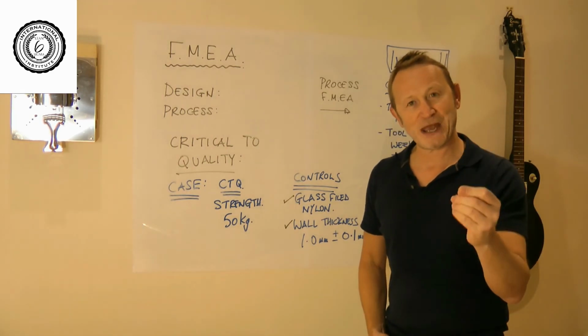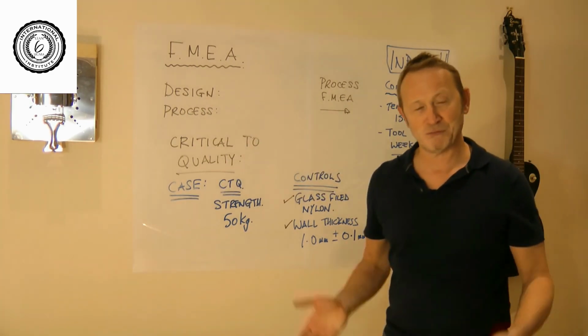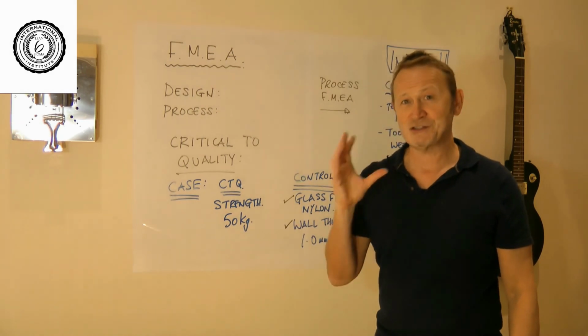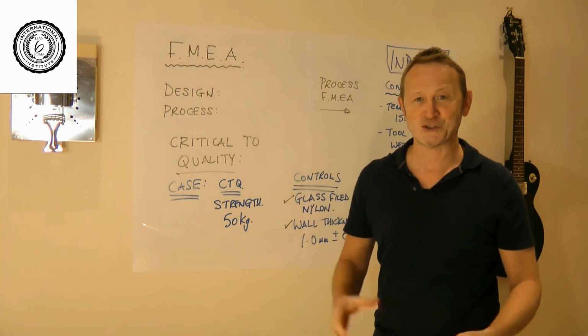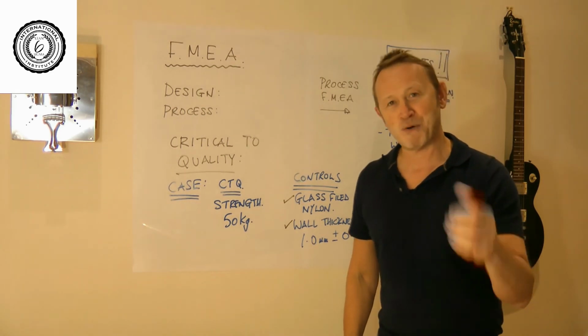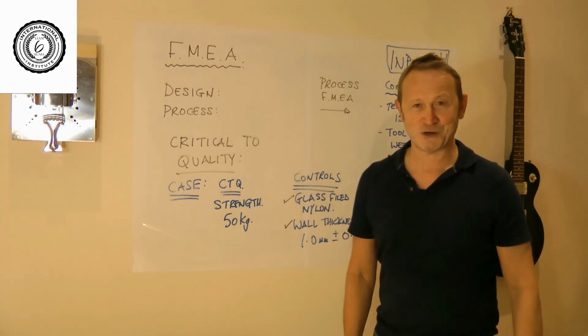It's an inspection plan. What does FMEA do? If you really do it properly, it guarantees 0 defects and it guarantees happy customers. And if you get those two things, you will make pots and pots of money. That is what your FMEA is for.